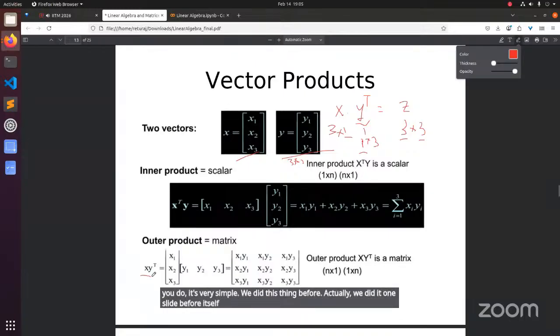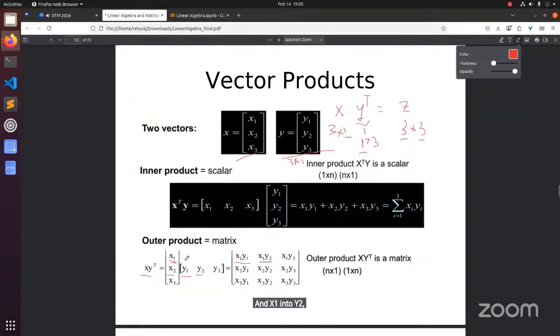So X into Y transpose, you take X1 into Y1, because there is nothing to add. So X1 into Y1, X1 into Y2, X1 into Y3. Similarly, X2 into Y1, X2 into Y2, X2 into Y3, and lastly X3 into Y1, X3 into Y2, and X3 into Y3, and you have a 3 cross 3 matrix.